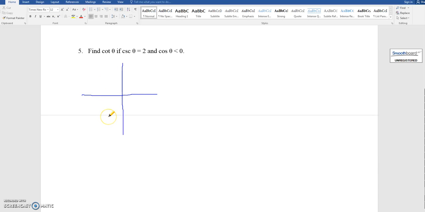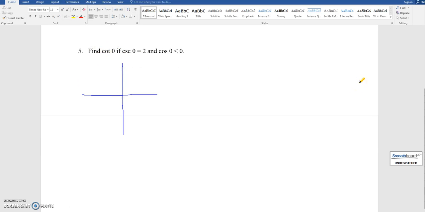And again, the reason is, if you think about all the triangles that you can create in these two quadrants where the adjacent side would be negative, hypotenuse is always positive, wherever that kind of ratio would be negative, it's only going to happen here. And if you're not quite sure why that is, ask a question. I do plan on talking about that in class and doing more of an explanation of it there. So we need cosecant or sine to be positive because we have a positive 2, and cosine to be negative. That's going to be in the second quadrant then.